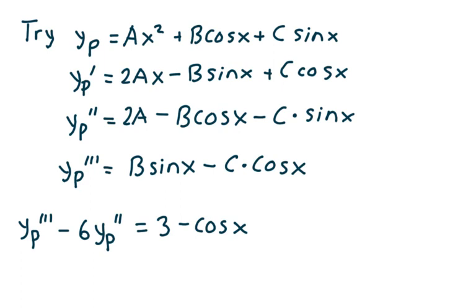Well, this is what I'm going to do. I'm going to try y sub p is equal to ax squared plus b cosine x plus c sine x. And notice I take the first, second, and third derivative accordingly. Now, you might ask, before we go further, why do I have ax squared here?